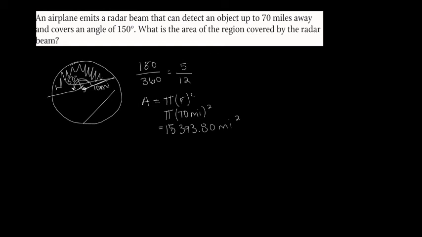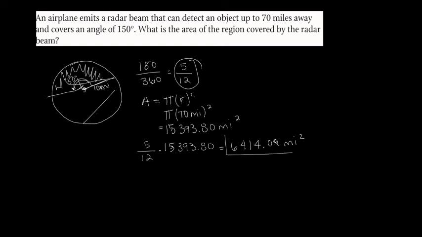But it doesn't cover the whole circle. It only covers 5/12 of that. So I have to find what 5/12 of 15,393.80 is. When I calculate that, you should come up with 6,414.09 square miles. And that is the area covered by this radar in that shaded section.